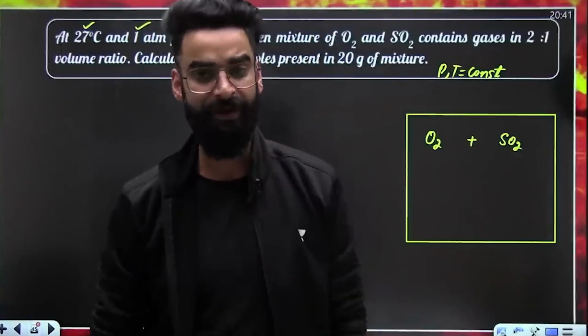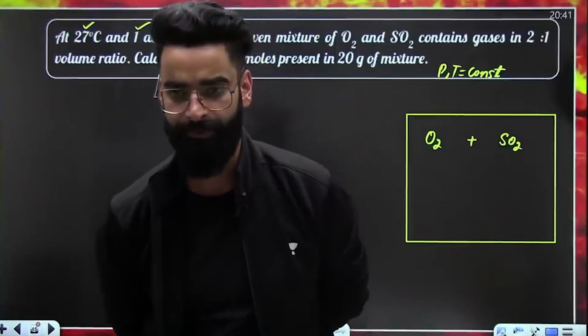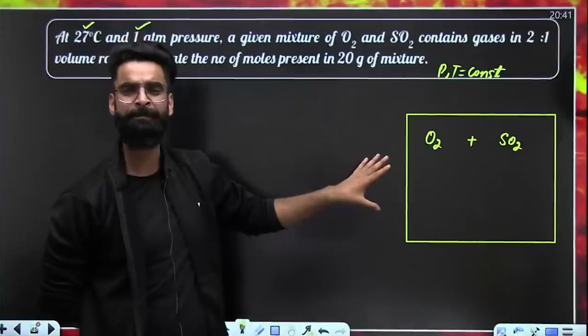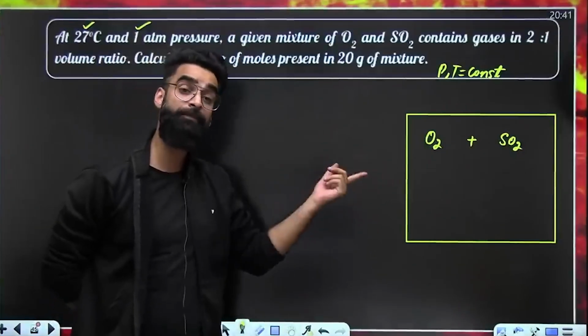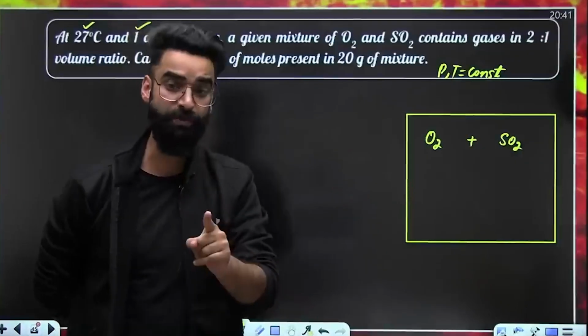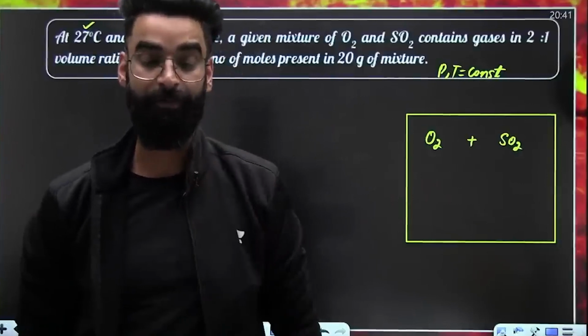Which formula do you use? You will be using the volume-based formula to calculate. Right? If I need to calculate the average molar mass of the mixture, I will do that with the help of the volume formula, because there's only one result which is used to calculate M average at constant pressure and temperature: volume.